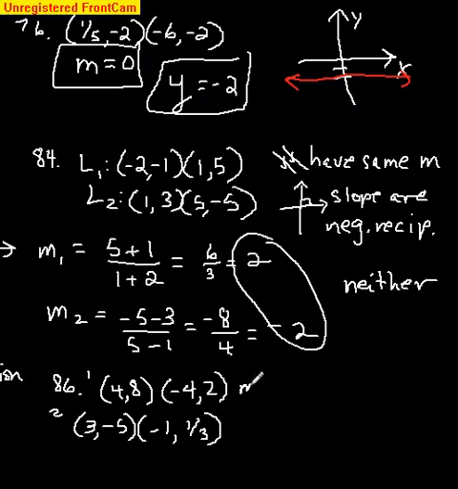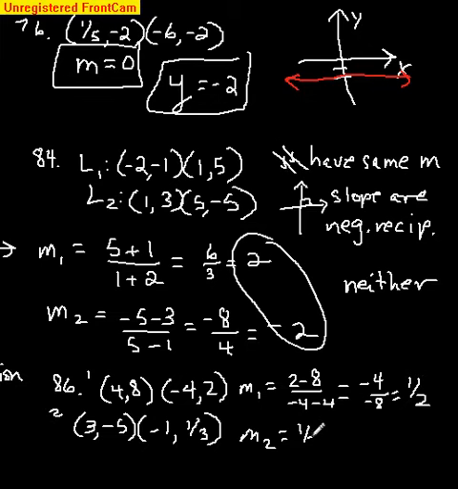So the slope of 1 is going to be 2 minus 8 over -4 minus 4. So we get -4 over -8, which is 1/2. The slope of the second one, we have to deal with fractions, 1/3 minus a negative 5 would be plus 5 over negative 1 minus 3.